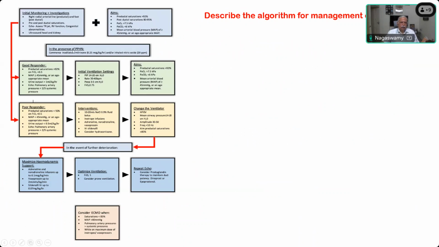If the patient already has pulmonary hypertension, then you can assess good responders and poor responders, and based on that you can do all the investigations and treatment. In the event of further deterioration, maximize hemodynamic support, optimize ventilation, repeat echo, and consider ECMO.